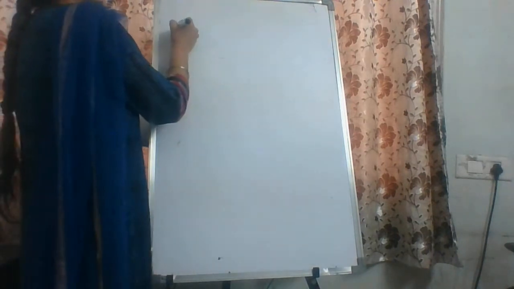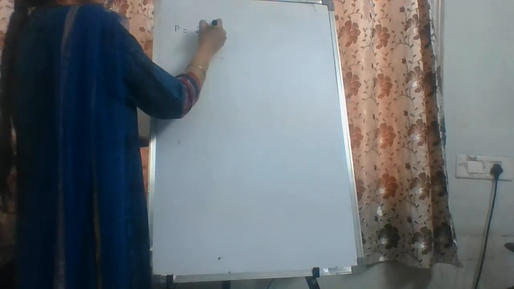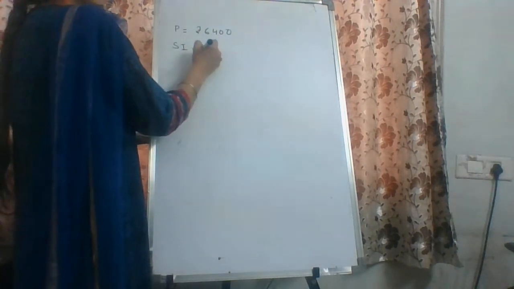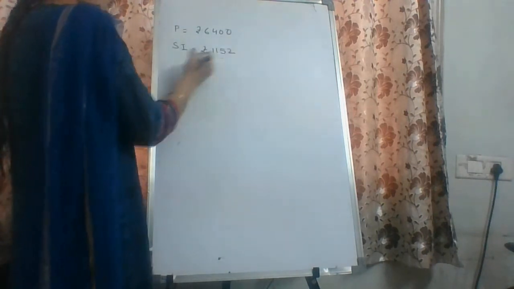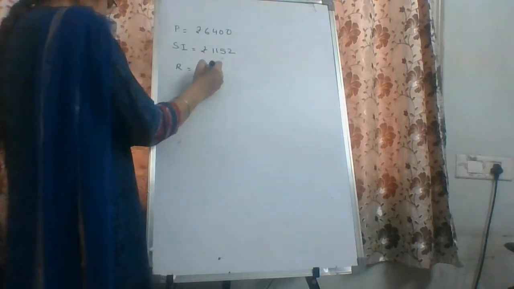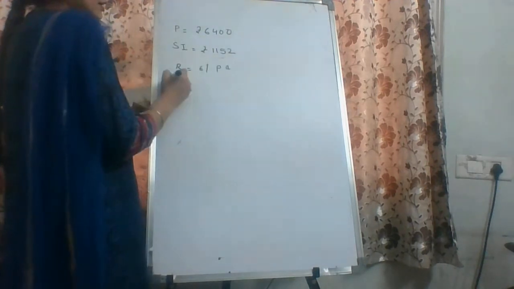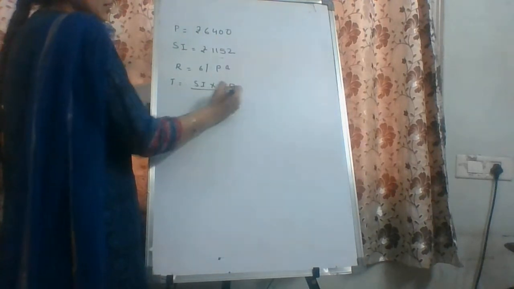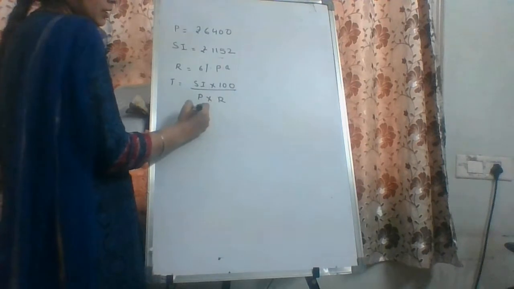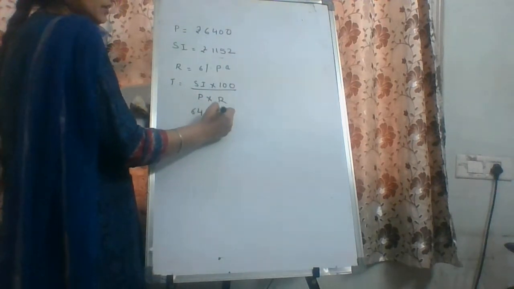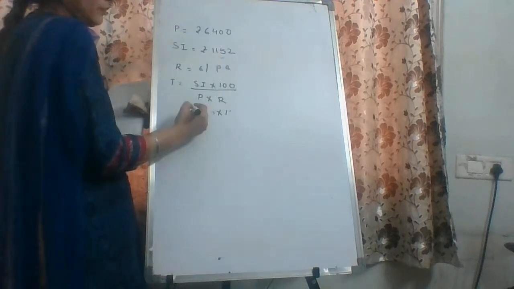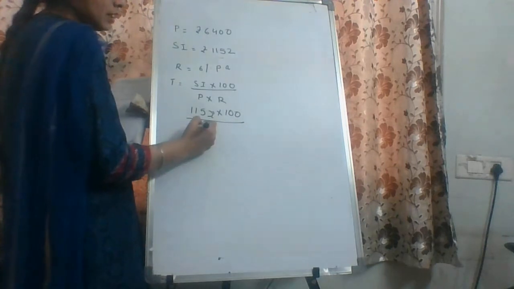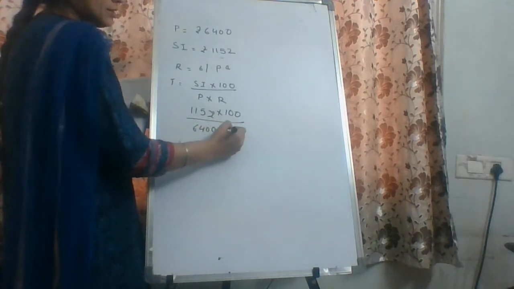Find the time when principal is rupees 6400, simple interest is rupees 1152, the rate is 6% per annum. Here time is equal to simple interest multiplied by 100 upon principal into rate. 1152 multiplied by 100 upon 6400 into 6.